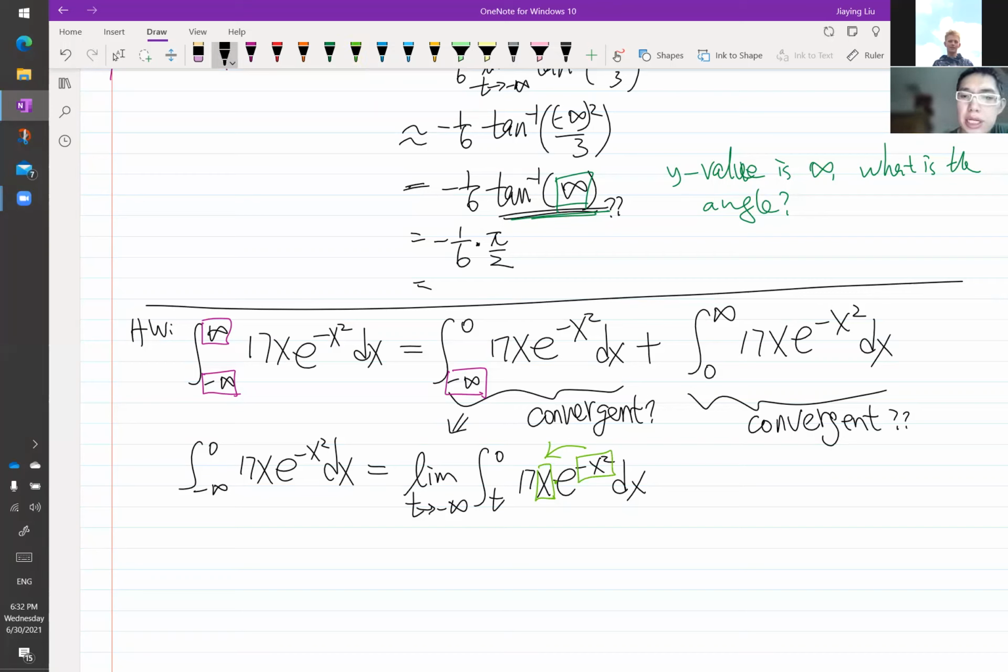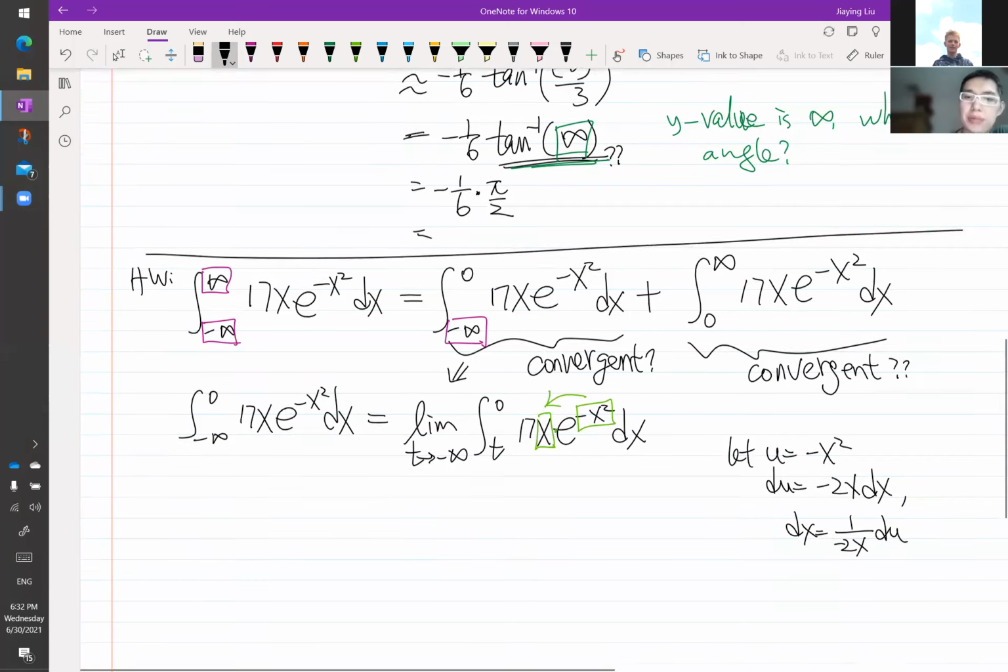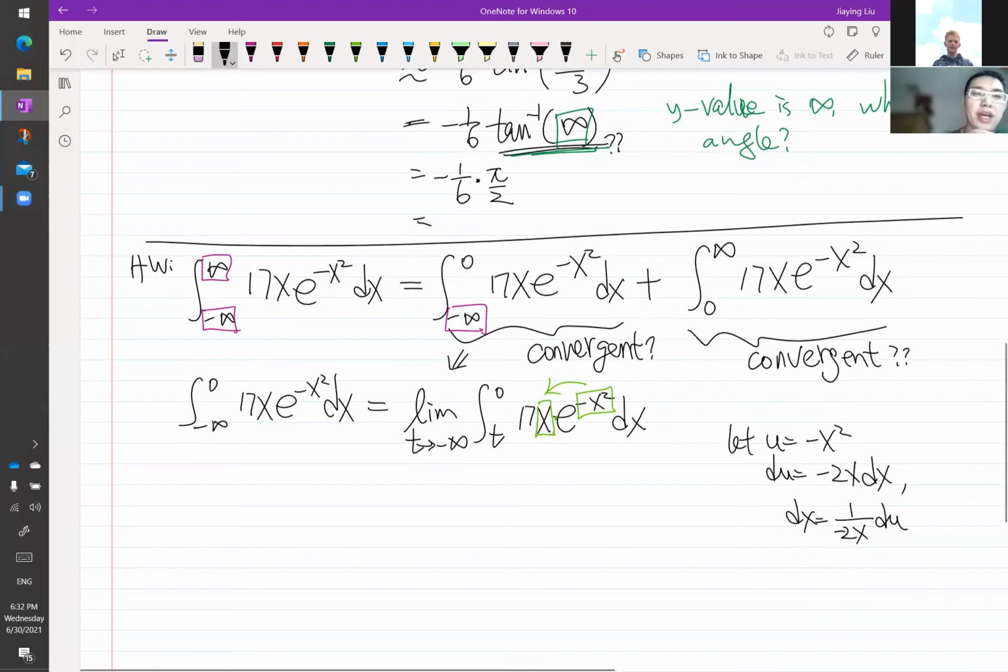Let's try that. I'm going to let u equals negative x squared, du equals negative 2x dx, and then I can solve for dx, which is 1 over negative 2x du. Let's substitute into the integral, see if it helps.